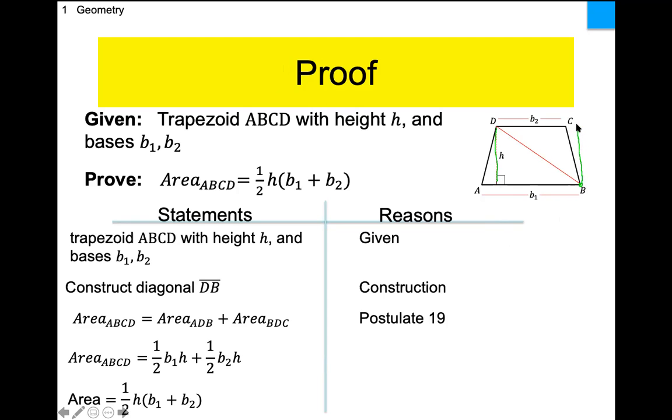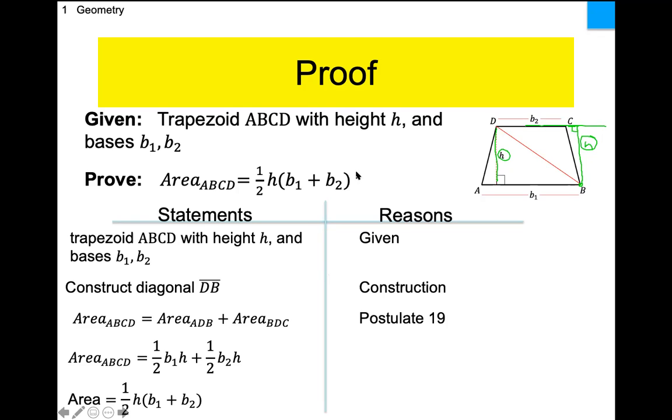And notice this will be one of those, remember when we did an obtuse triangle, the height was off to the side. Well, that's the case here, but since B1 and B2 are parallel, then these two heights would be exactly the same. So the distance between B and the side of B2, or if I extend DC, that height would be exactly the same height as this other one right here.